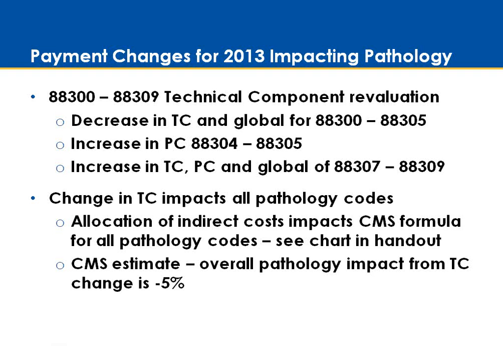The reason is indirect costs for a particular test are allocated to both the TC and the PC. So, in fact, if you do get a decrease in the TC, the indirect costs are allocated over a different metric, and because of that reallocation of the indirect cost, we did get a slight increase in the PC for 88305.